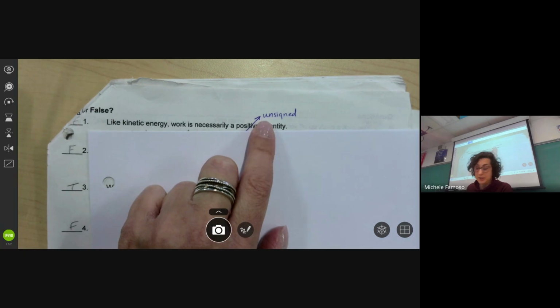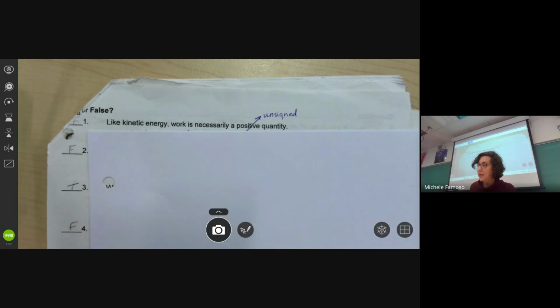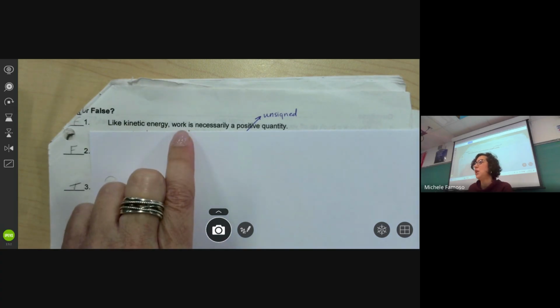You're never going to put a sign on it. It's a scalar. Scalars don't have signs. But the positive or negative on work would tell you whether kinetic energy was added into the system, it increased, or it decreased. So work will have a sign to tell you whether it's a change in the kinetic energy as an increase or a decrease, but that's it.